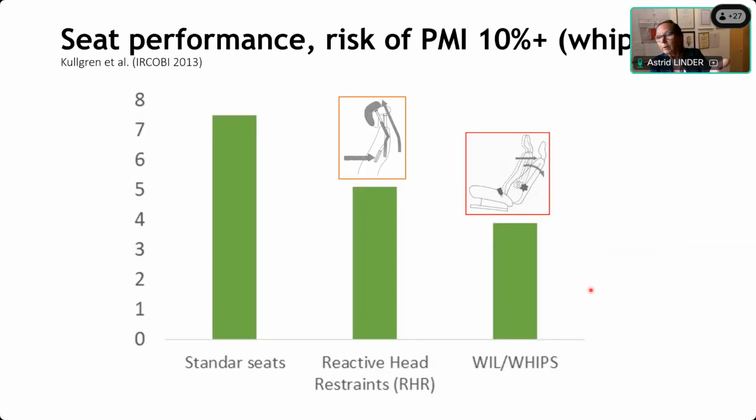So, in rear impact, focusing in on that, what can be done? First of all, if you look at the overall picture and look at how seats perform, this is again from Folksam, where we have three different categories of seats: standard seats, seats with reactive head restraint of some kind, and a category of the Volvo WHIPS seats and the Toyota WIL seat.